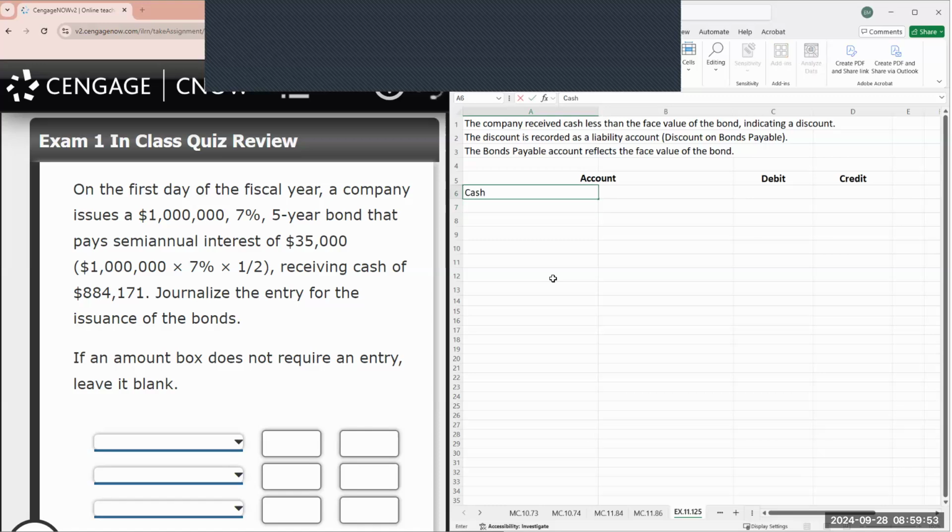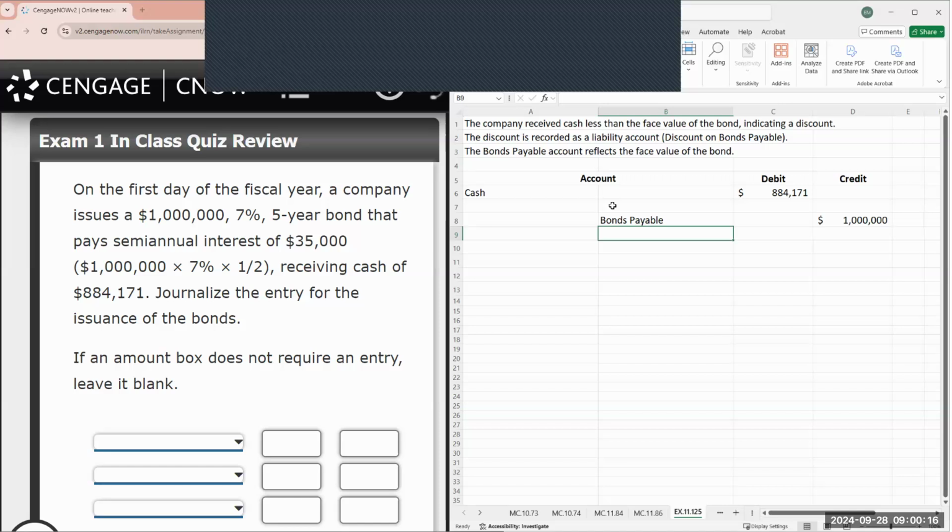We would debit cash, because the problem lets us know we received $884,171. And we would use the information that we do know. So our bonds payable, even though we only received $884,171, at the end of this 5-year period we are going to be paying $1 million to the bondholders.